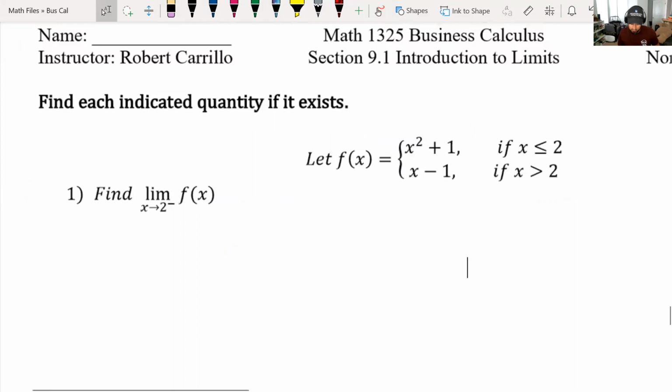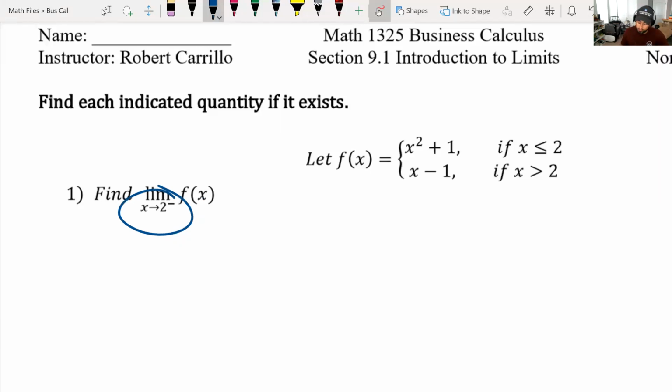All right, so with that being said, we are going to use the definition of a left-hand limit and a right-hand limit and connect them to the restrictions in the piecewise function. So for the very first limit, this says, what is the limit as x approaches 2 from the left?